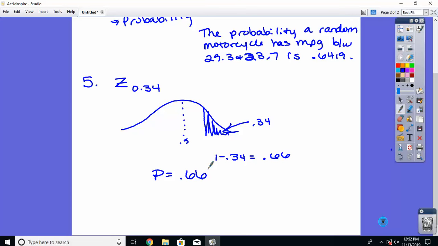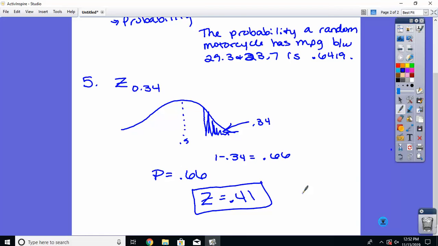So you find your 0.66, or as close as we can get to it, which is 0.6591. And the corresponding Z value from the outside is 0.41. All right, are there questions on that?